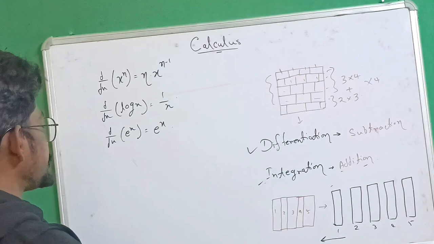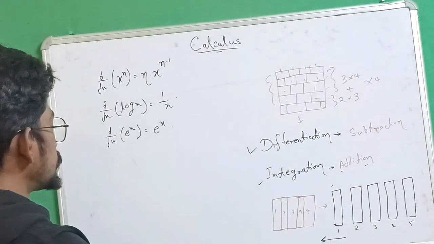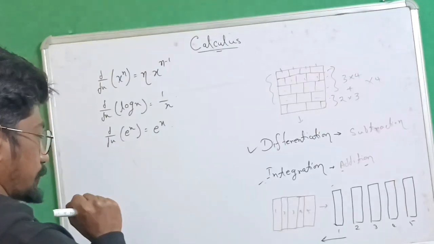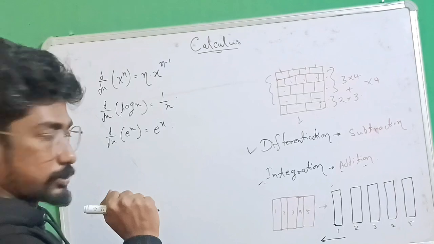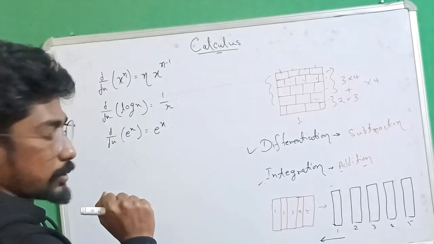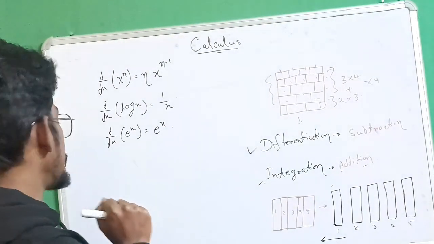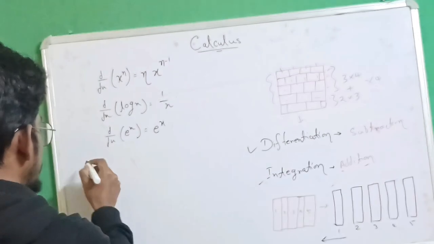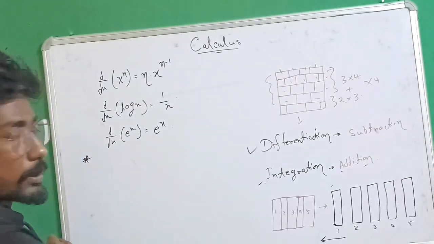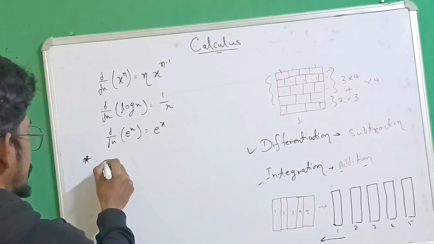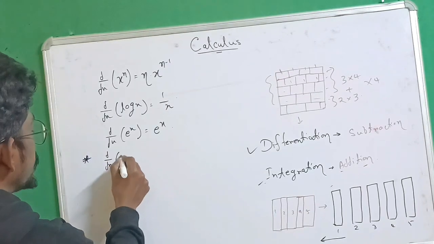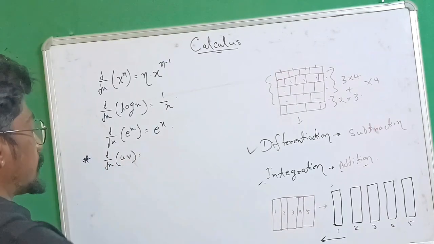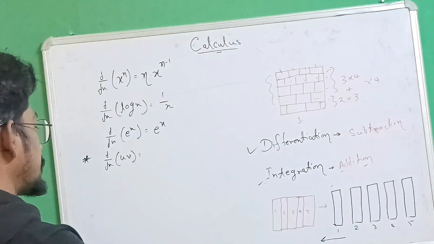Now I will tell you the most important formulas of differentiation: the multiplication rule and the quotient rule. Multiplication, please remember, is one of the most important rules of differentiation. d by dx of uv. Two numbers are there, one is u, another is v, and they are multiplied.